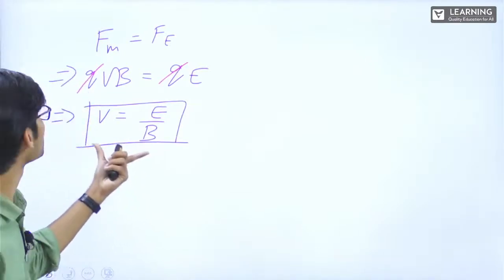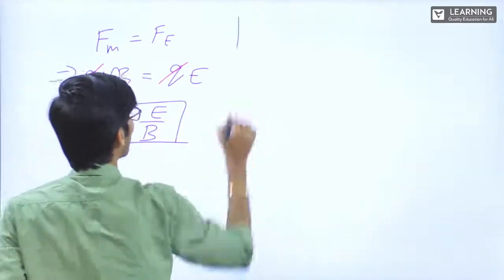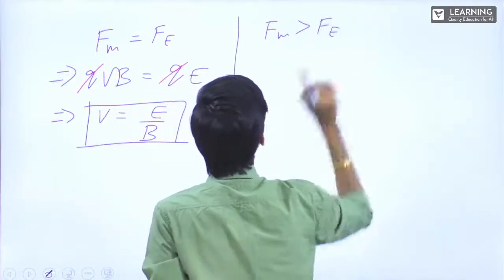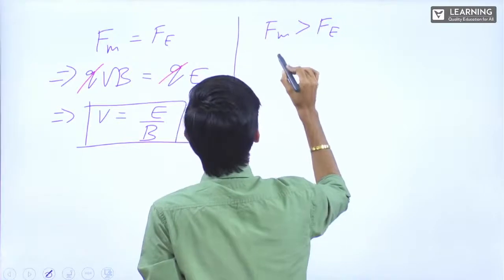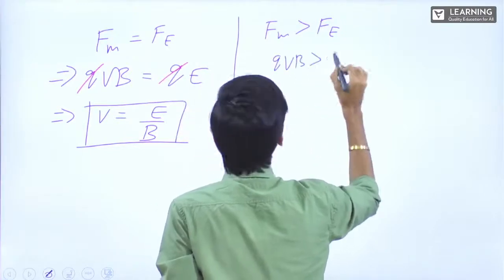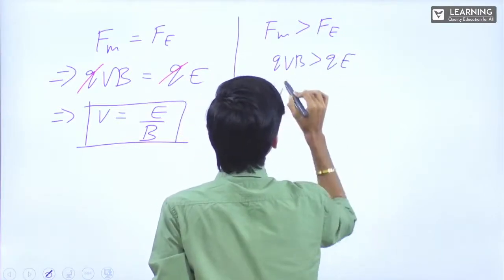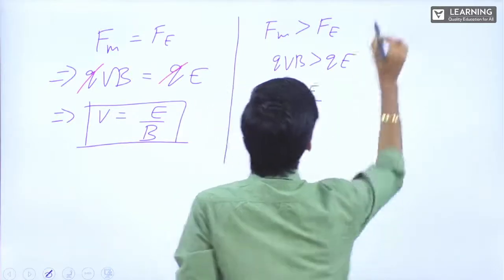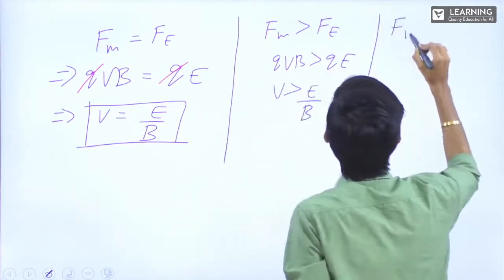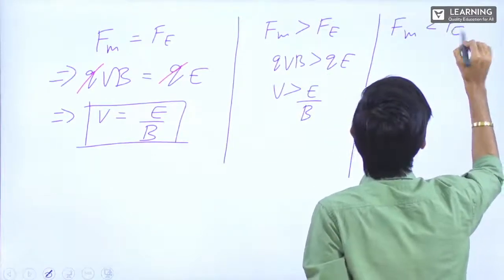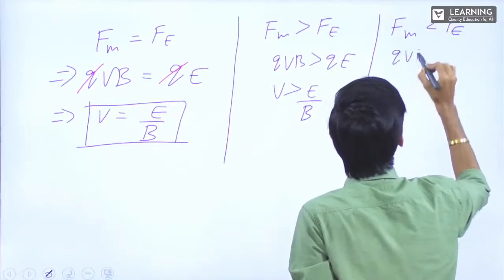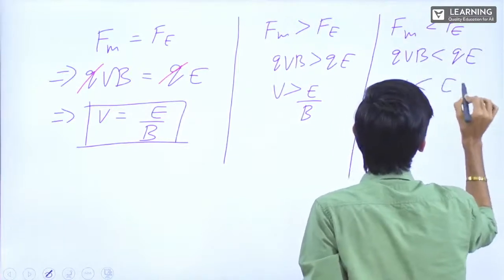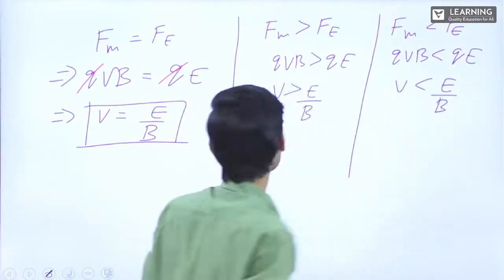If this is the case, then if Fm is greater than Fe, here QVB is greater than QE. That is, V is greater than E by B. If Fm is less than Fe, QVB is less than QE, so V is less than E by B. Understand?